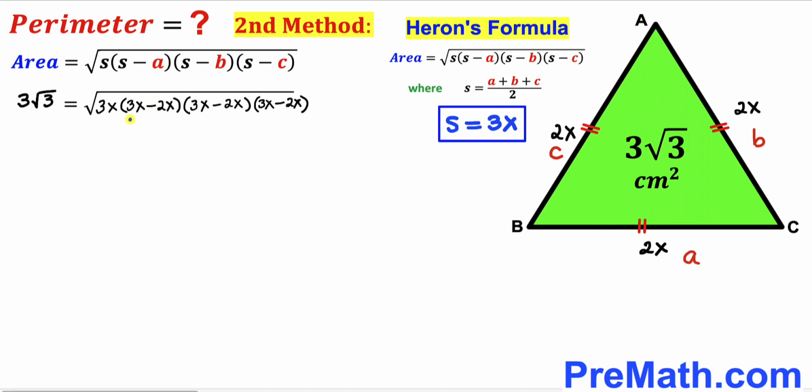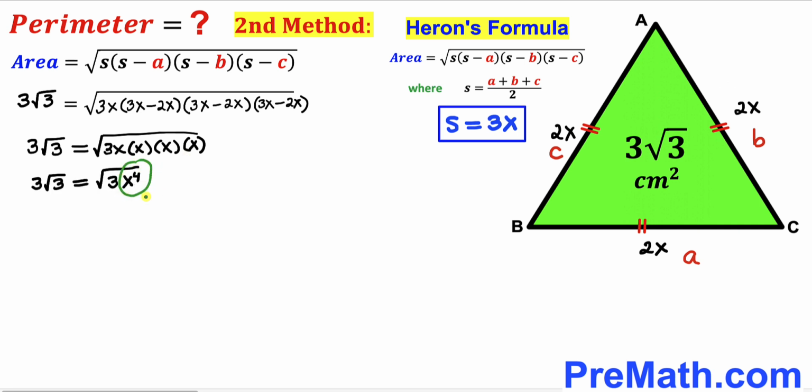And now we can see 3x minus 2x is going to give us x. Likewise this is going to give us x, and this is going to be x as well, as you can see in this next step. And now we can see x times x times x and times x is going to give us x power 4. And we know the square root of x power 4 is simply x square.